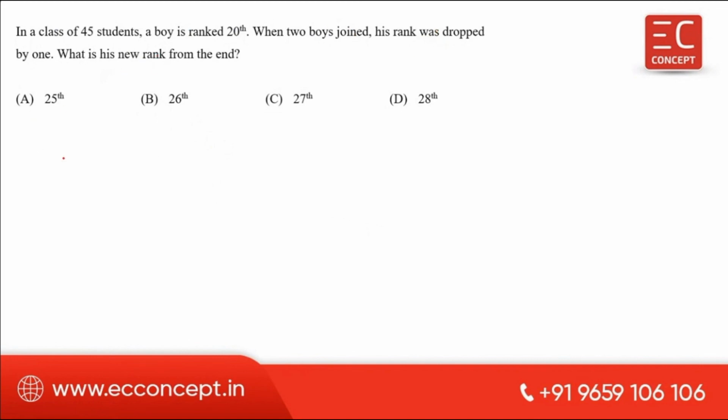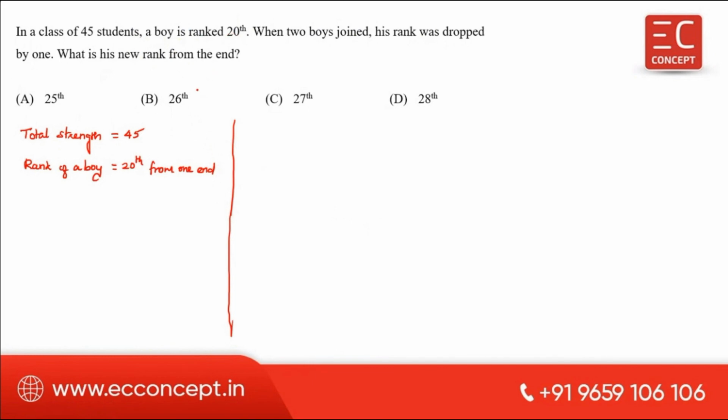So that's the question. Here the solution: total strength is equal to 45. The rank of a boy is 20th from one end.